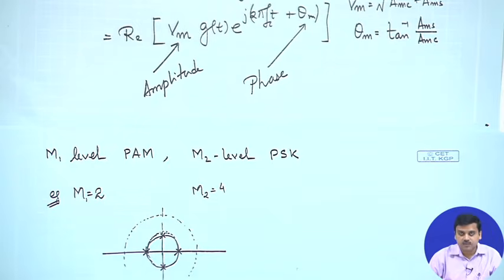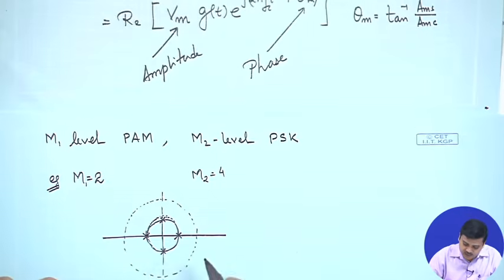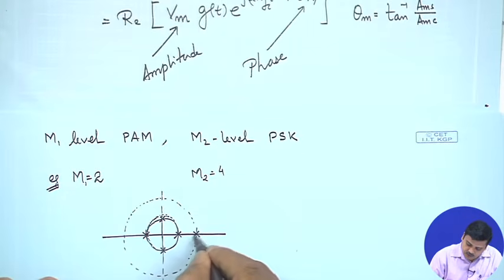So we can mark these as four possible phases, as well as the second amplitude could also have these four phases.